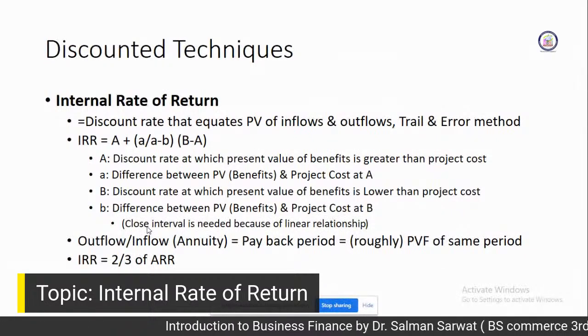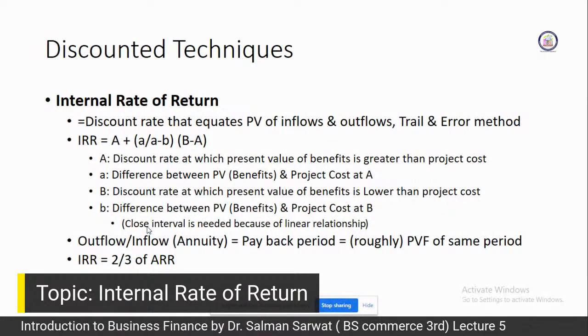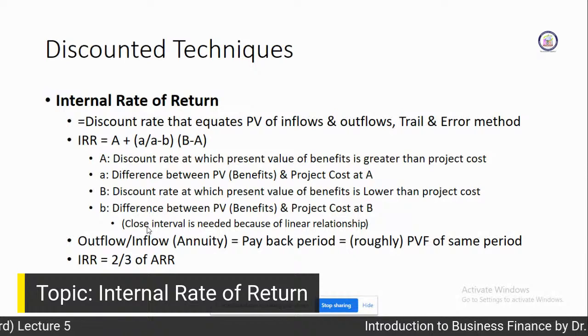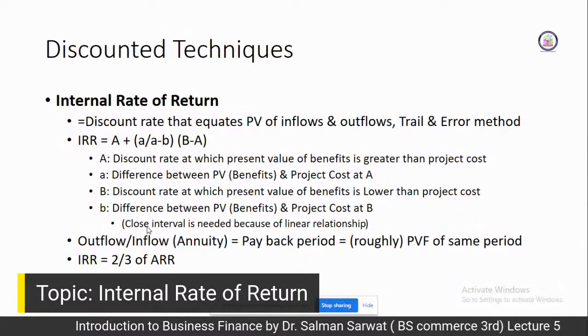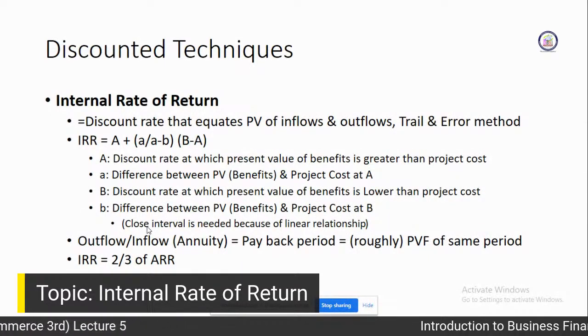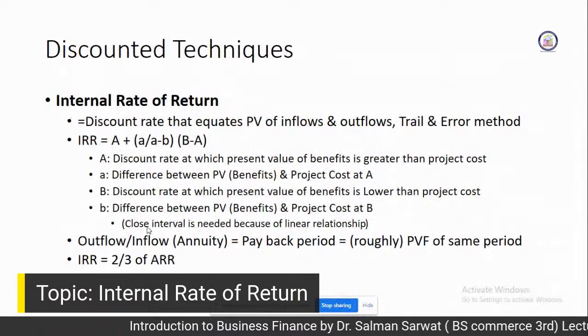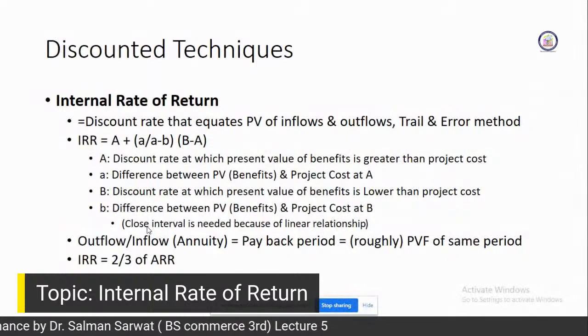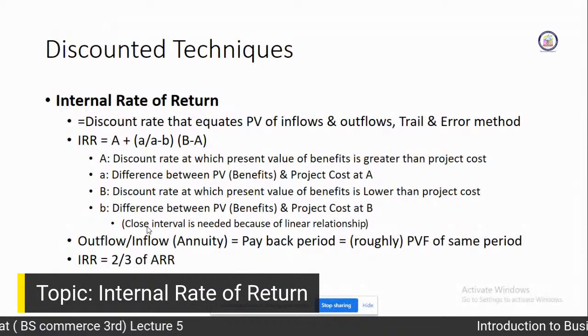There is a shortcut method, that usually we say IRR is two-third of accounting rate of return, but this is just an approximation. The proper method of calculating IRR is the trial and error method, that we apply different rates and we try to reach as close as possible to a rate which equates the present value of inflows to the present value of outflows.